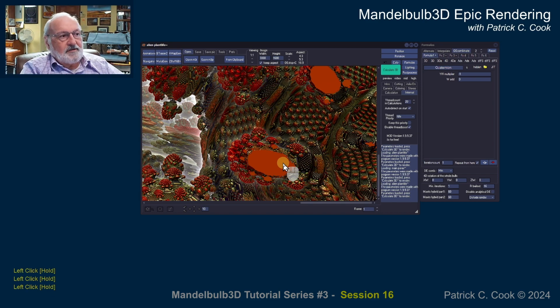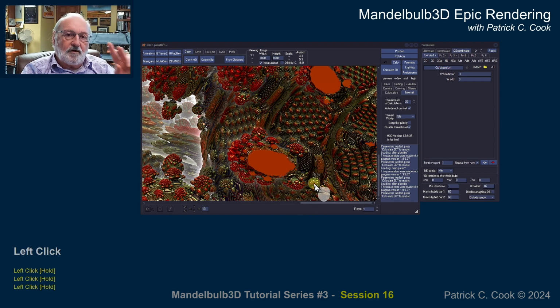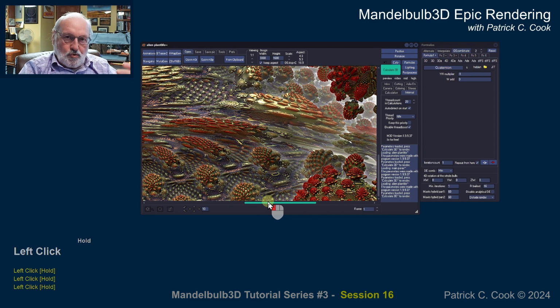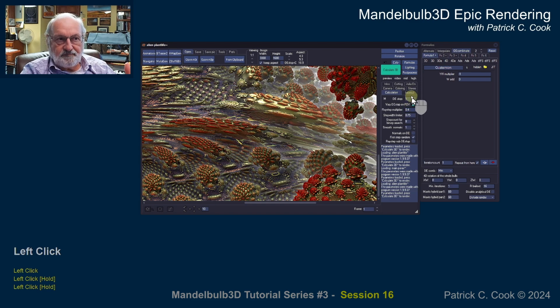I talked about this in tutorial series number 1. So I want an image that has depth and minimum quality artifacts. I want an image that can be tuned with the DE adjustments, the distance estimate adjustments over here on calculation, so that it can be tuned to get really good quality coming out of Mandelbulb.